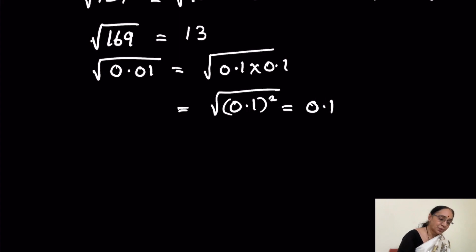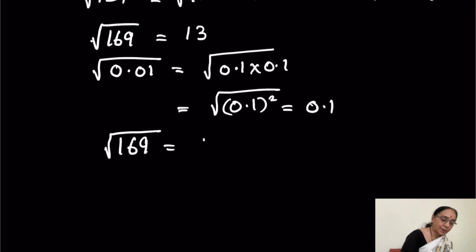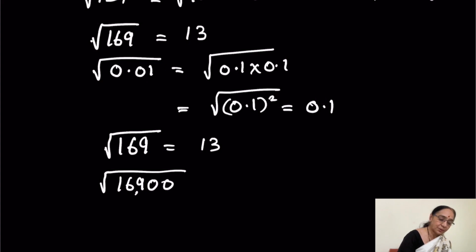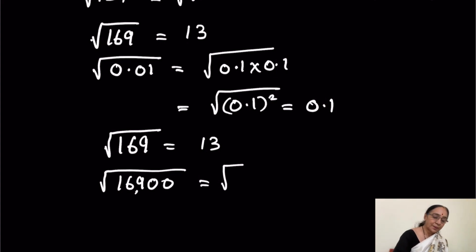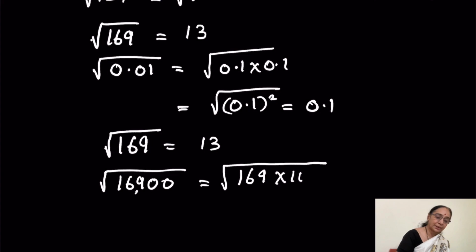Now consider the square root of 169 once again. The square root of 169 is 13. Now what is the square root of 16,900? You can split it up and write it as 169 times 100.